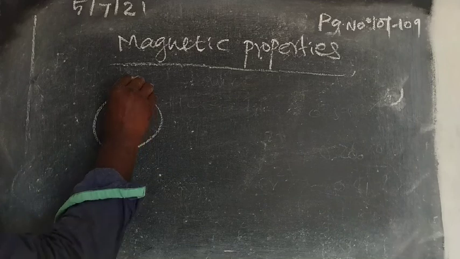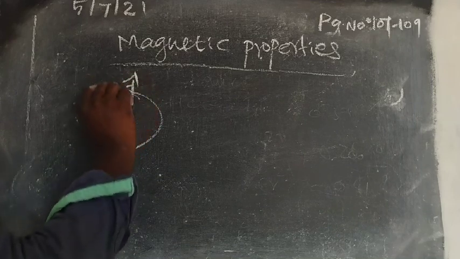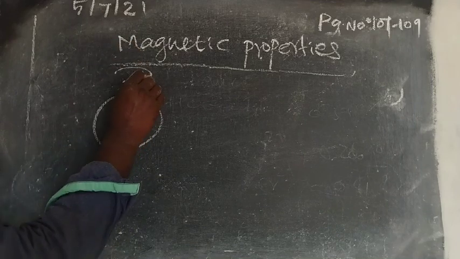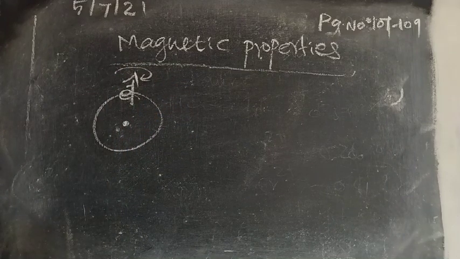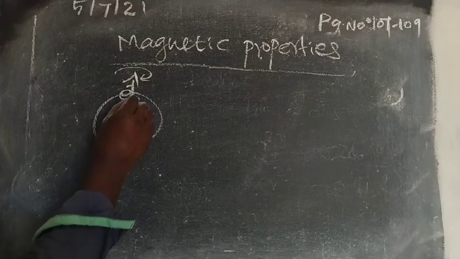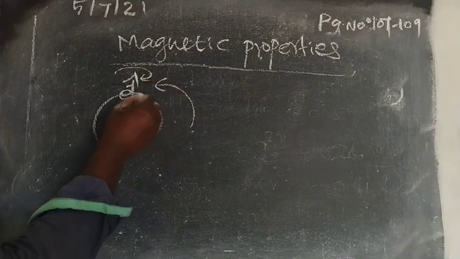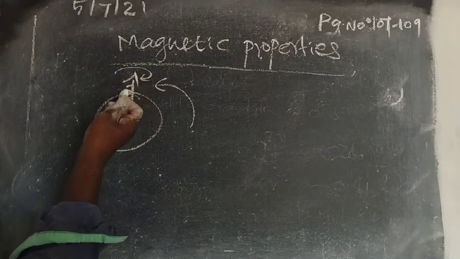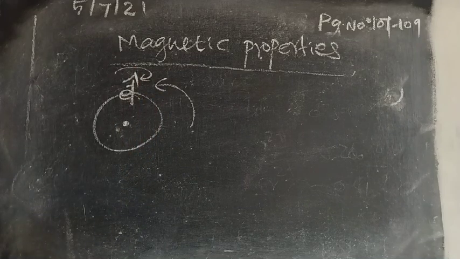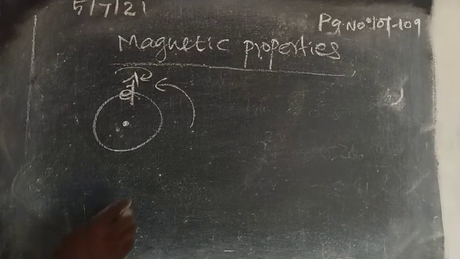At the same time, the electron spins itself. It is spinning itself and revolving around the nucleus, the orbital motion. Due to these two motions, they attain a certain tiny magnetic field. Listen: electrons revolve around the nucleus and at the same time spin. These two make the small, tiny magnetic field.